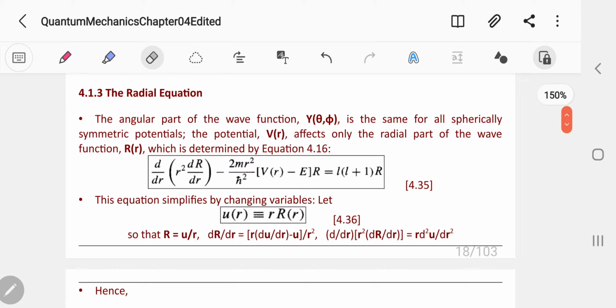So this is quite a complicated differential equation, but we can change variable to simplify it.